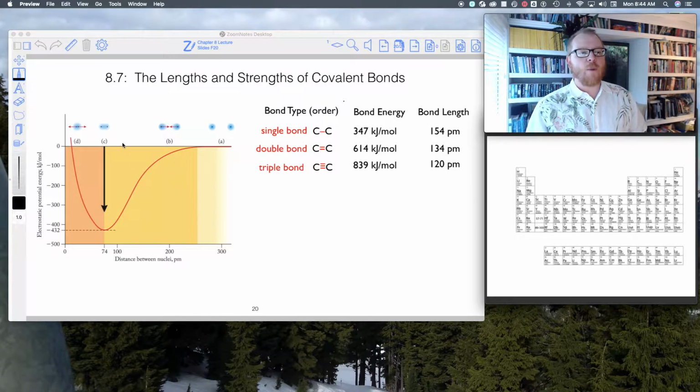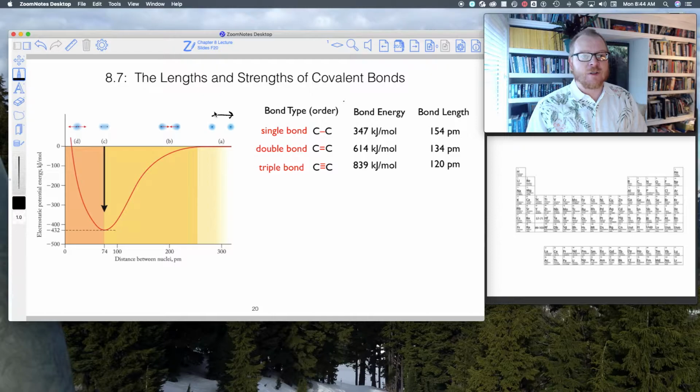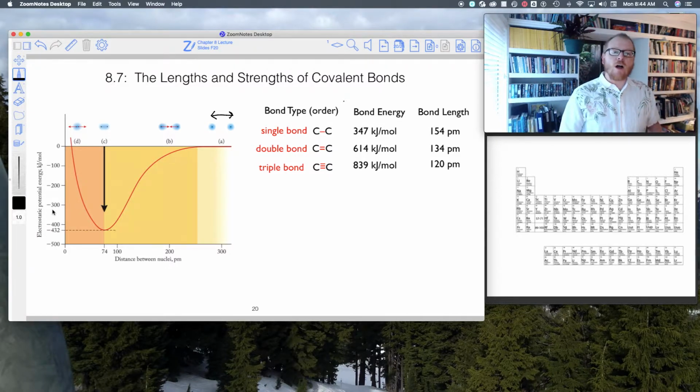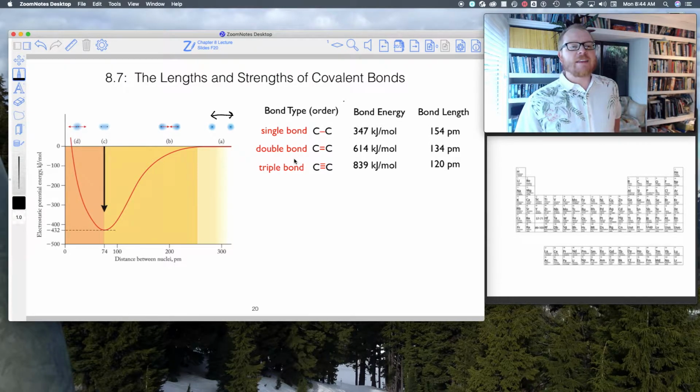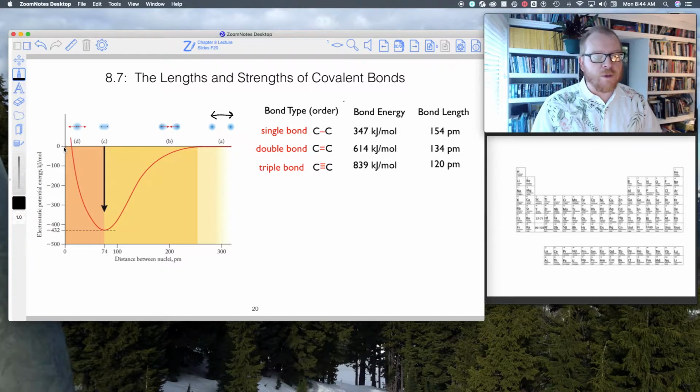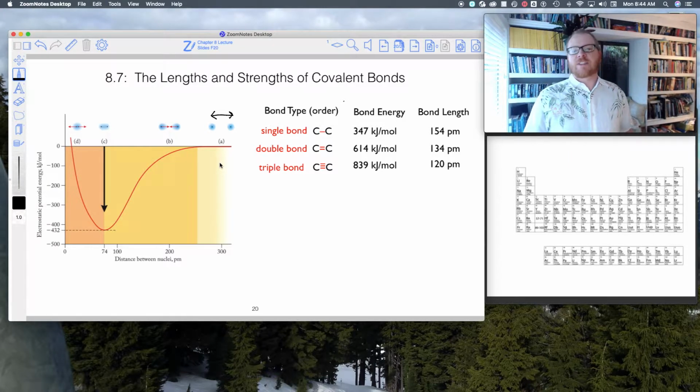When they're very far away from each other, note on this x-axis it's the distance between the two nuclei, and on the left, it's the potential energy. Recall, in thermodynamics, we set the scale so that at arbitrarily selected zero potential energy, we say those two ions, or in this case these two carbon atoms, are not interacting with each other.